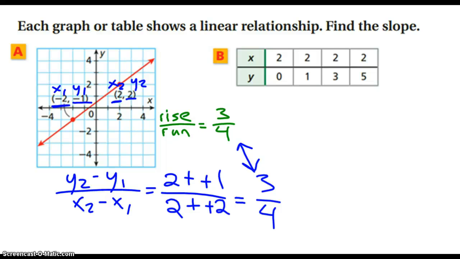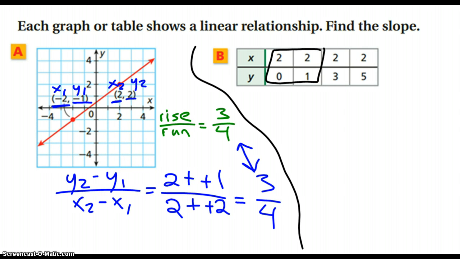All right. With this table here, remember you get to choose any 2 points. So if we're looking for the slope here, they're telling us it's linear. You can check to see that it is. Any 2 points, you can take these two. Let's say (2, 0) would be 1 point, and (2, 1) would be the other point. And we can just do x1, y1, x2, y2.